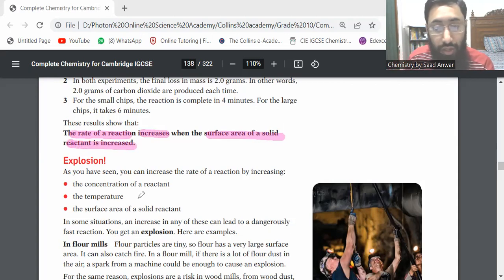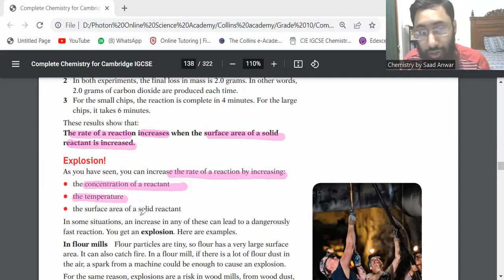As you have seen, you can increase the rate of reaction by increasing concentration of reactant, by increasing temperature, by increasing surface area. In some situations, an increase in any of these can lead to a dangerously fast reaction. You get an explosion. Here are some examples.